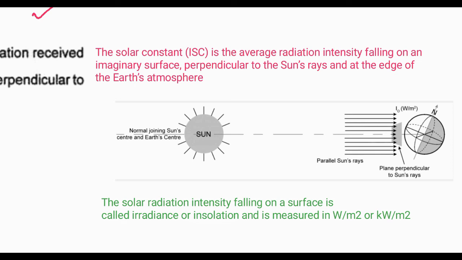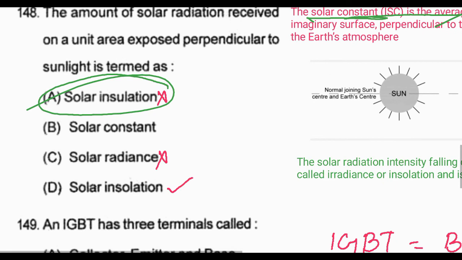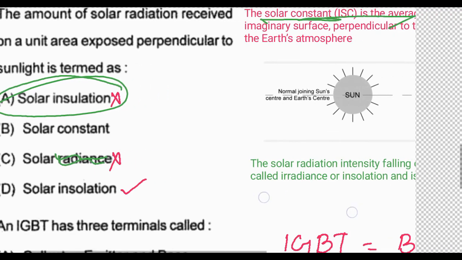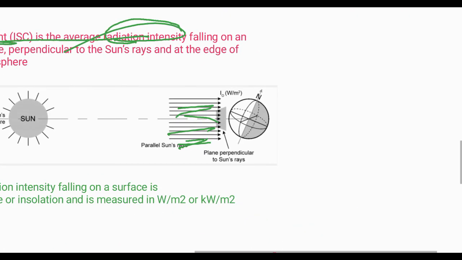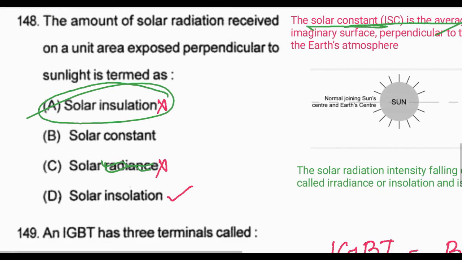And solar radiation intensity falling on the surface is called irradiance. Solar irradiance is a term that exists, but here this will be solar insolation.